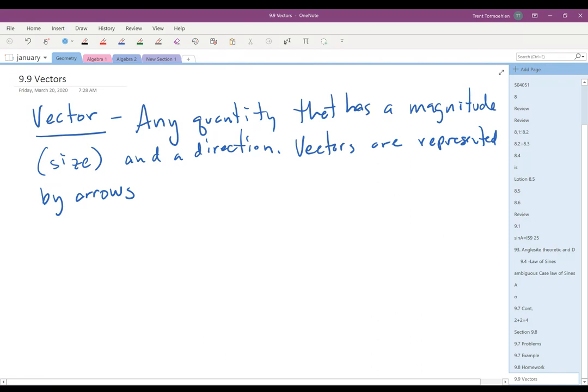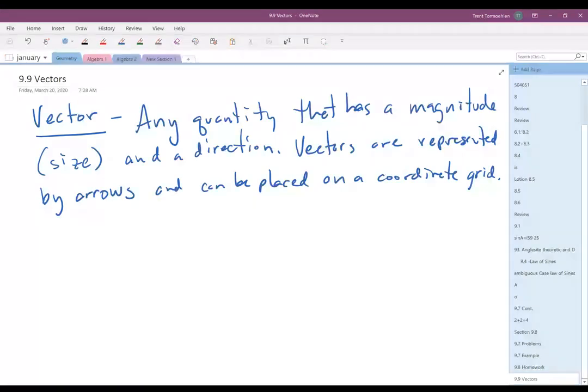They're represented by arrows and can be placed on a coordinate grid. One of the important things to notice is that when we talk about the coordinate grid, the actual location of the vector doesn't matter. It's just the length and the direction that matters. So we only pay attention to those, which gives us a lot of flexibility for moving vectors around.